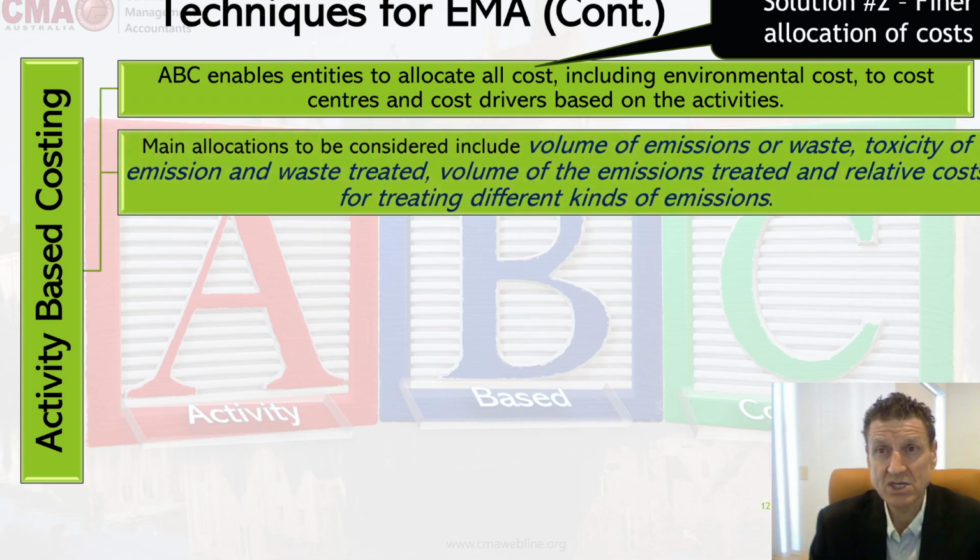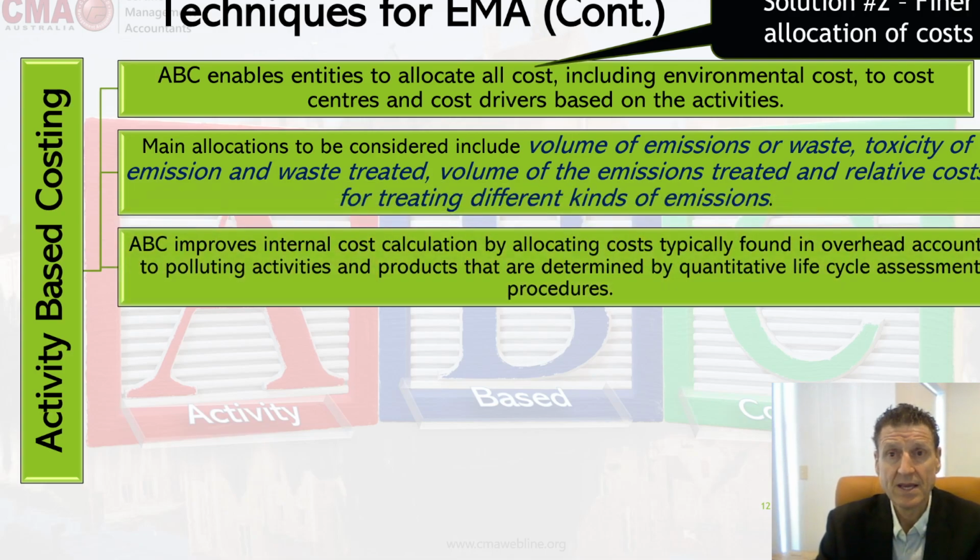The main allocations to be considered including the volume of emissions or waste, toxicity of emission and waste treated, the volume of emissions treated, and relative costs for treating different kinds of emissions. ABC improves internal cost calculation by allocating costs typically found in overhead accounts to polluting activities and products that are determined by quantitative life cycle assessment procedures.